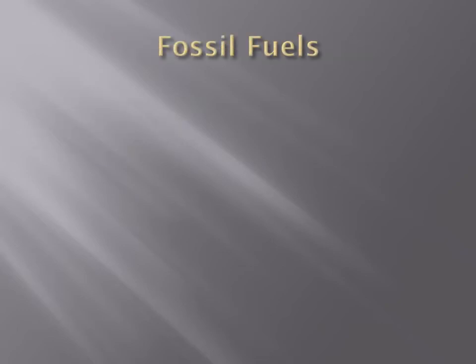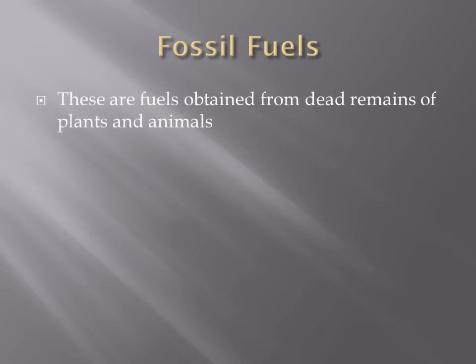Here are the examples of fossil fuels you can see on the screen. Fossil fuels are defined as the fuels obtained from dead remains of plants and animals. If you remember, in previous units we studied organic and inorganic materials. When any living organism, any plant or any animal, dies, their bodies are buried inside the earth.